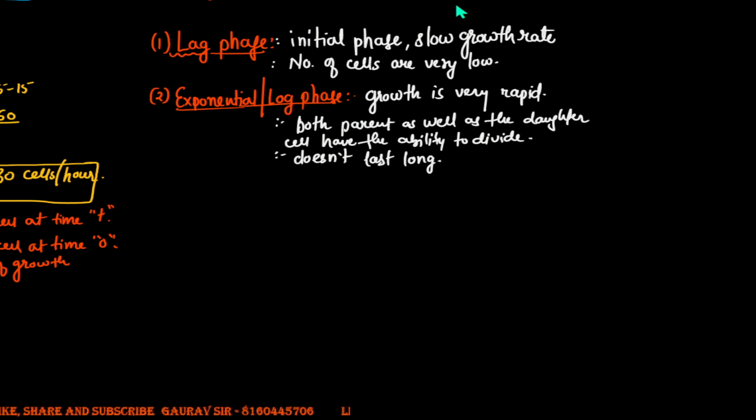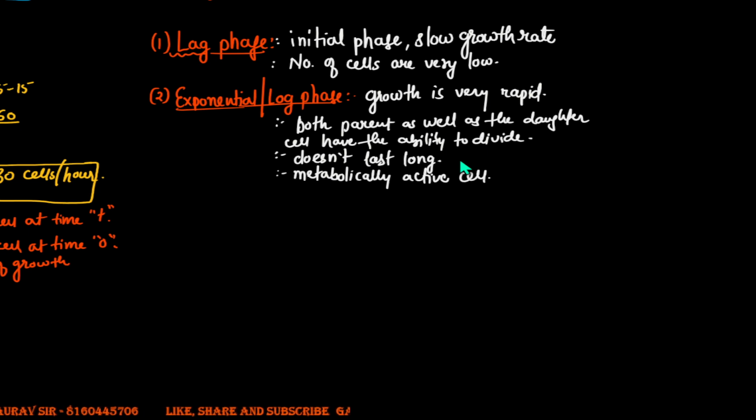Here, the cells were metabolically highly active, owing to the fact that the medium had lots and lots of nutrients. You understand? So let me put it down here. Metabolically active cells. Now, this was due to the fact that the medium had lots and lots of nutrients in it.